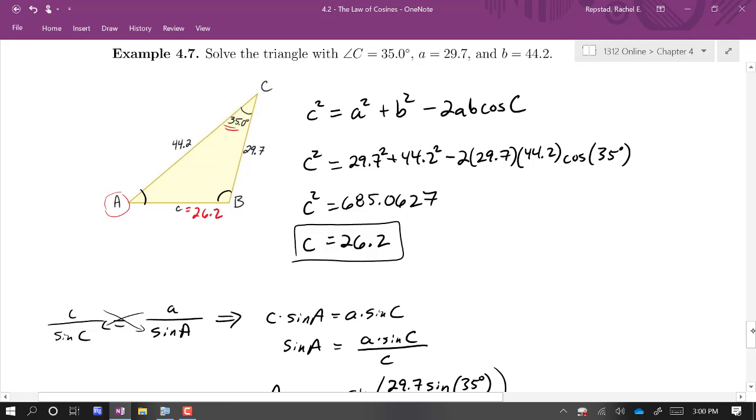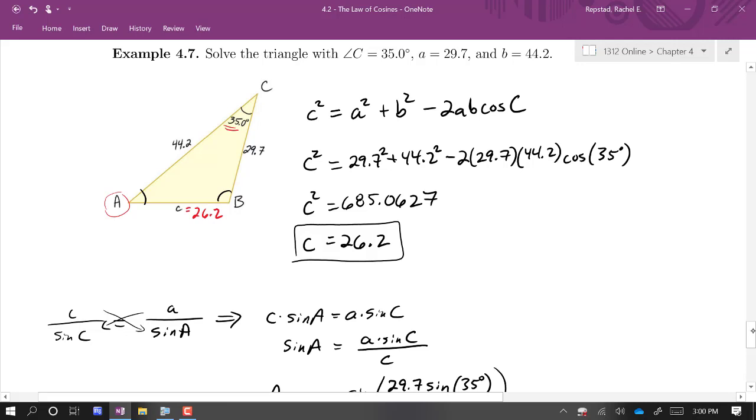Keep in mind that the arc cosine function will give you any angle from 0 to 180. So you can always choose to use the law of cosines. And if you use the law of cosines to find an angle, you know that it will give you the angle you're looking for. So, for example, we've finished this example here, right?